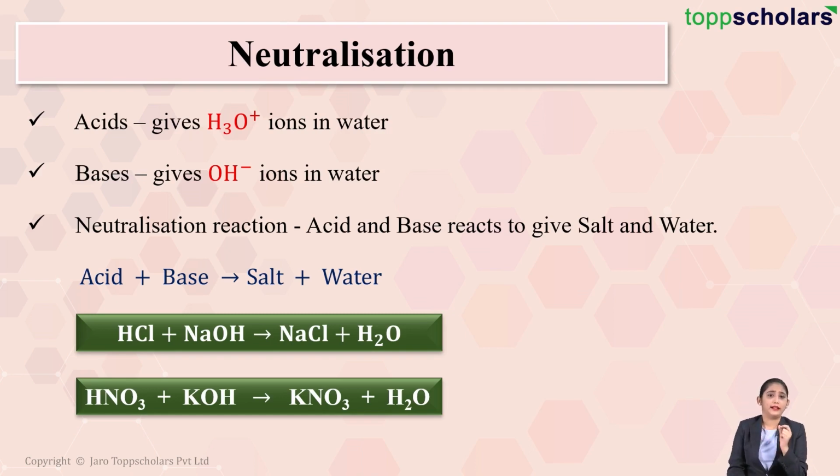Here we have nitric acid, that is HNO3, which reacts with base, potassium hydroxide, KOH. Again, what we get over here is salt and water. And which is the salt that is formed over here? Potassium nitrate, KNO3. So, this is all about neutralization reaction. And what is neutralization reaction? Yes, when an acid reacts with a base, it results in the formation of salt and water.